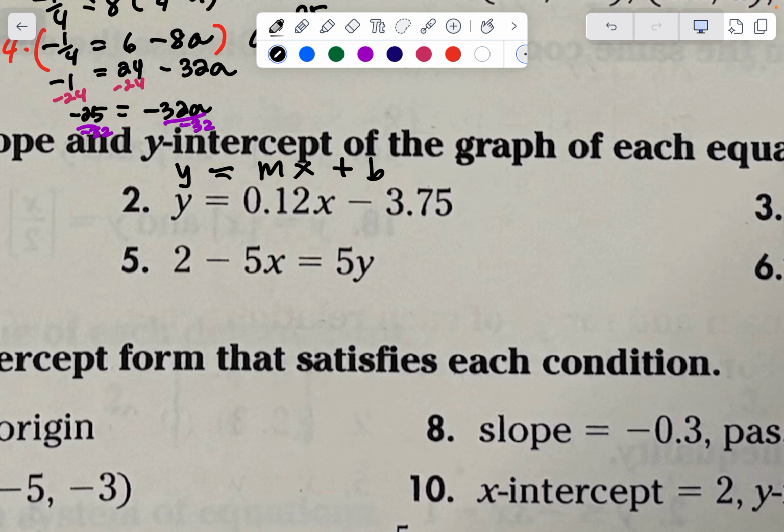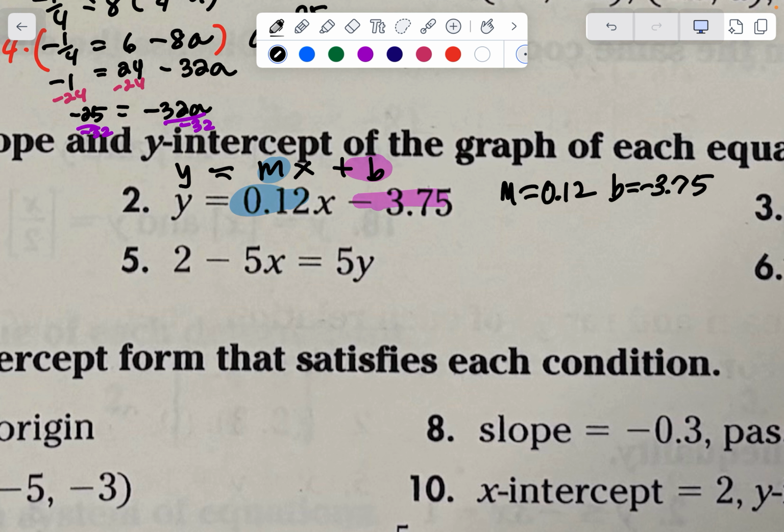So all you have to do if it's set up like number 2 is tell me your m is 0.12 and my b is, you have to include the negative now, your b is negative 3.75. So that's all you have to do when it looks like number 2. So 2's good.